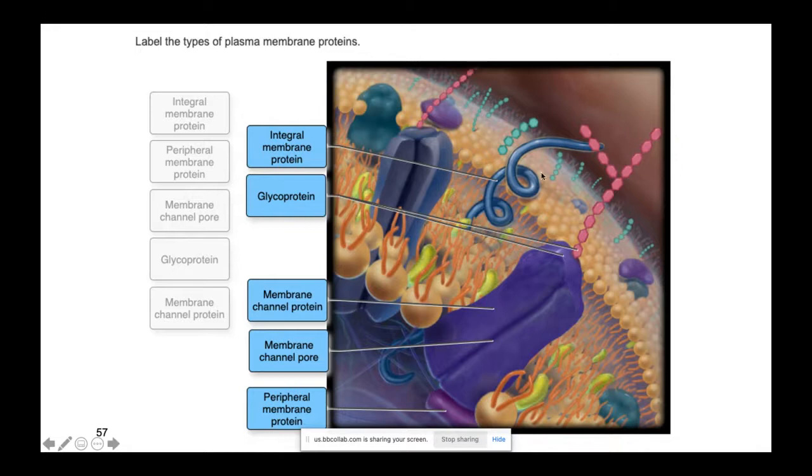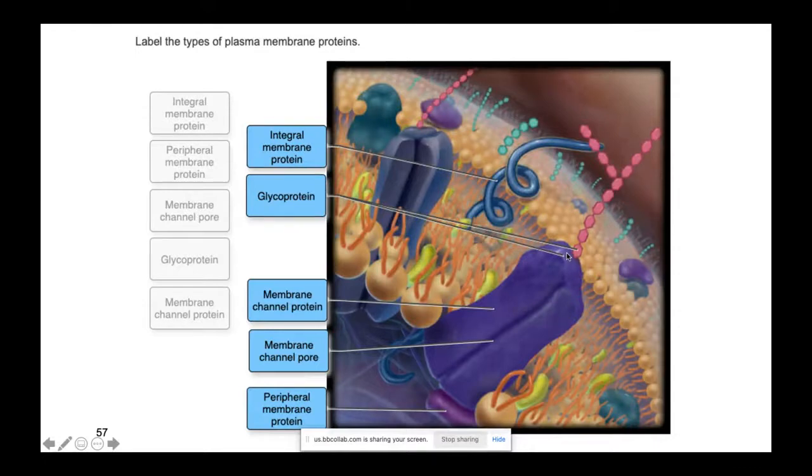So here is an integral membrane protein. Integral means it kind of goes through the full membrane from one side to the other side. If it doesn't go through and just hangs on the outside, like here, that's a peripheral membrane protein. Here are glycoproteins.